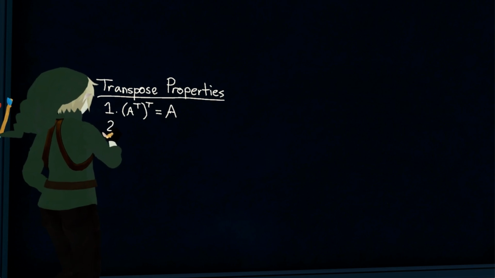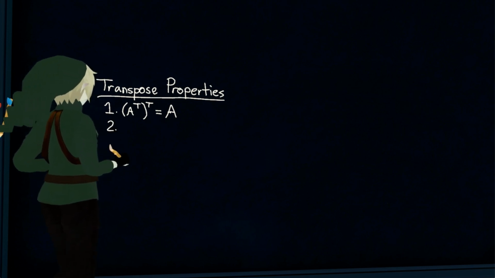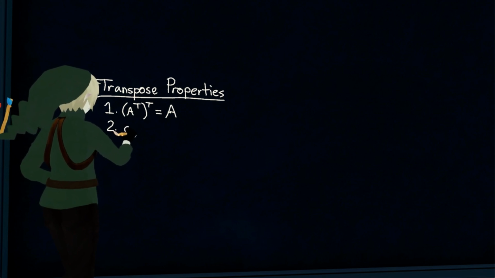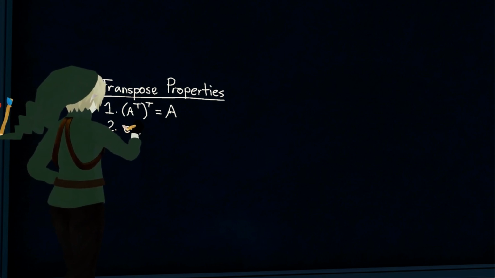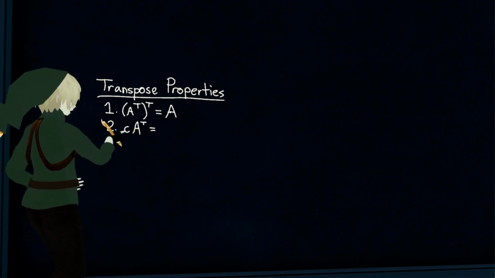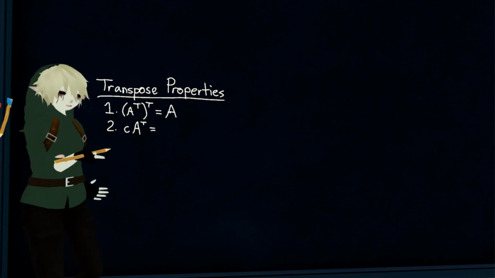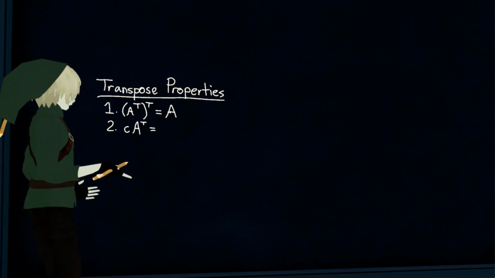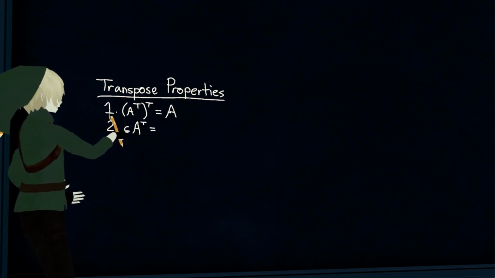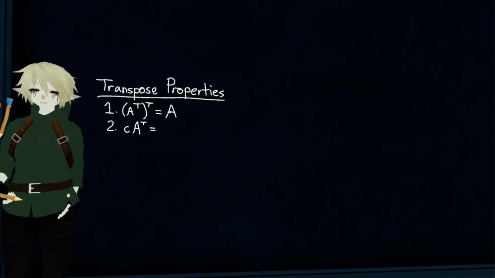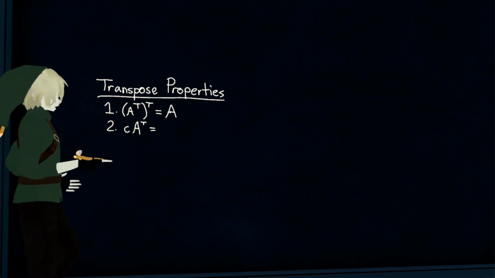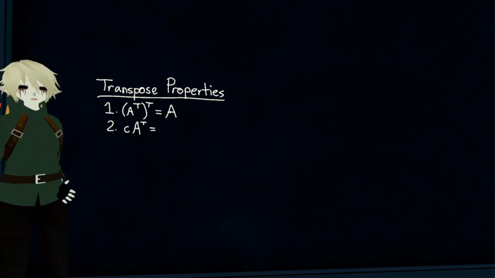Okay. Property number 2. If you have a scalar, some number that you multiply with, right? I don't think I defined a scalar. A scalar is just a constant, right? When I say constant, I mean just any number, like 2 times a matrix.